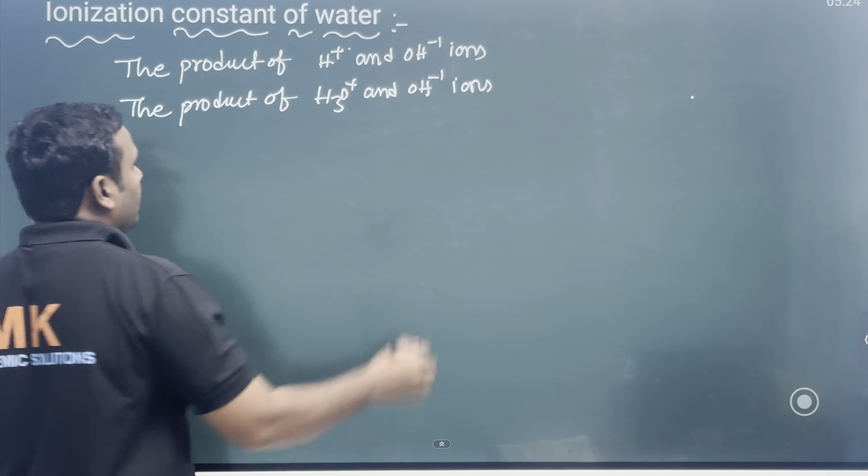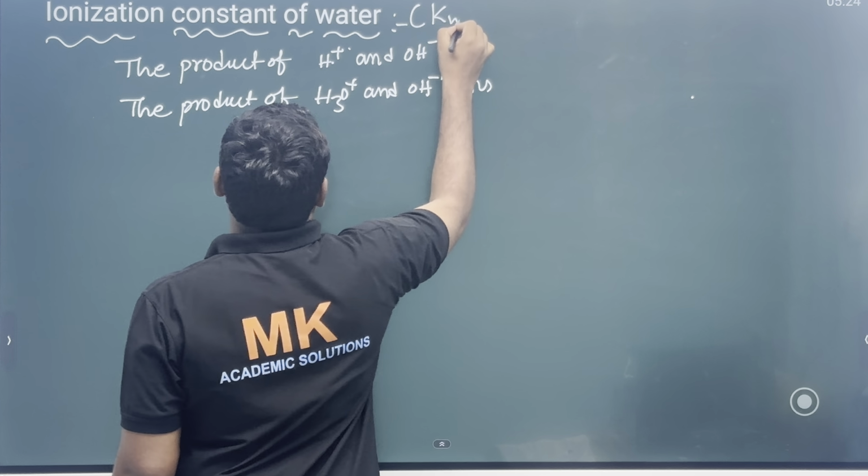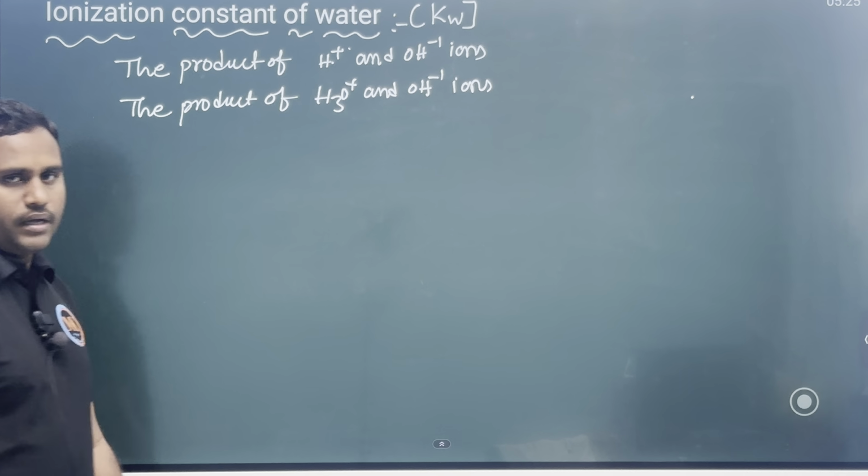That is called the ionic product of water, indicated with Kw.